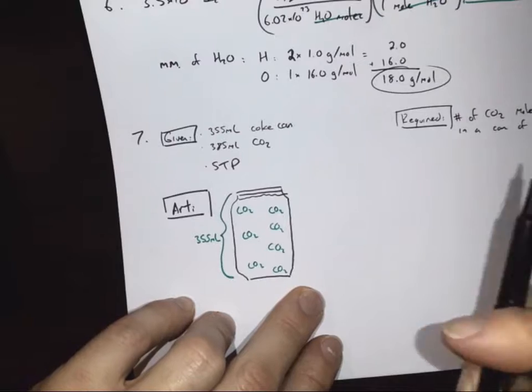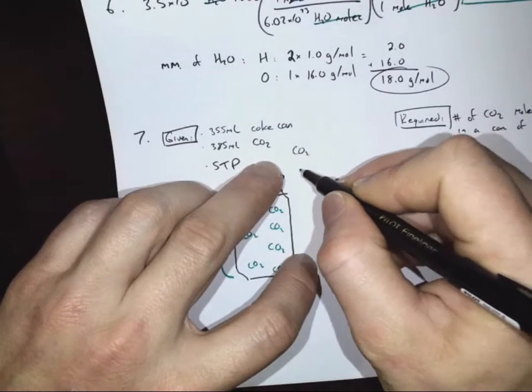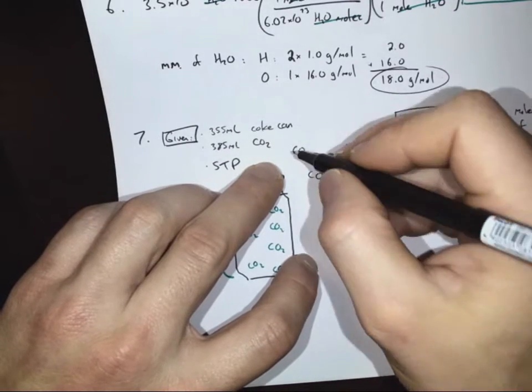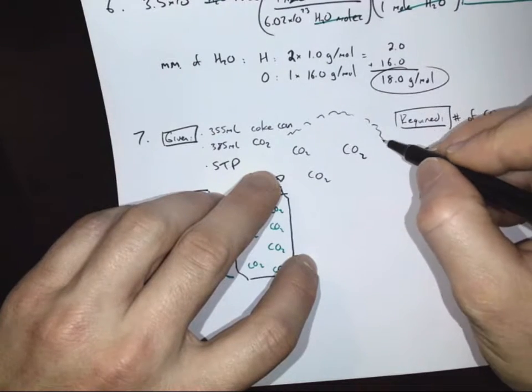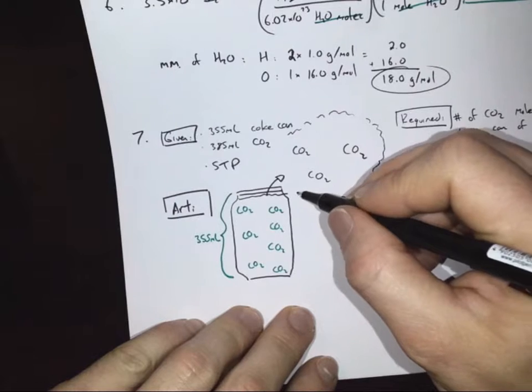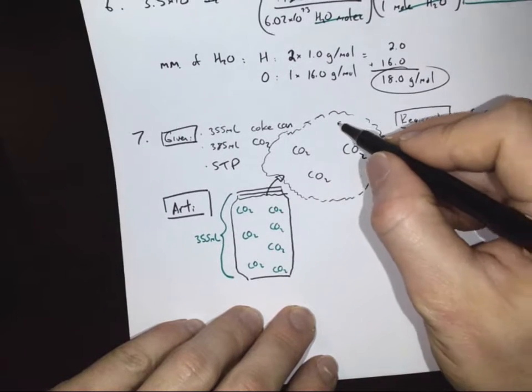When opened, all those carbon dioxides form a cloud. That cloud is approximately the same volume as a can. It's maybe a little larger, actually, because gases tend to occupy more space than liquids.